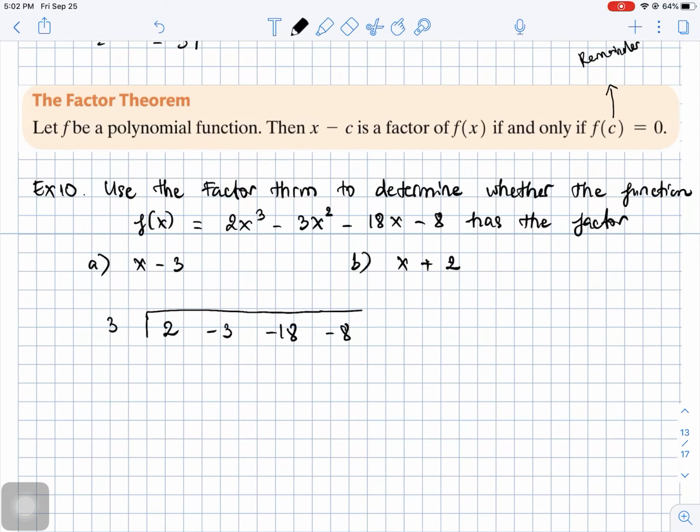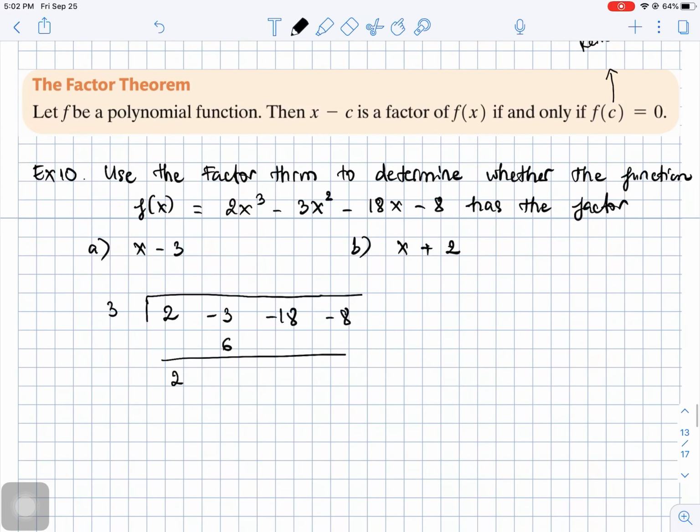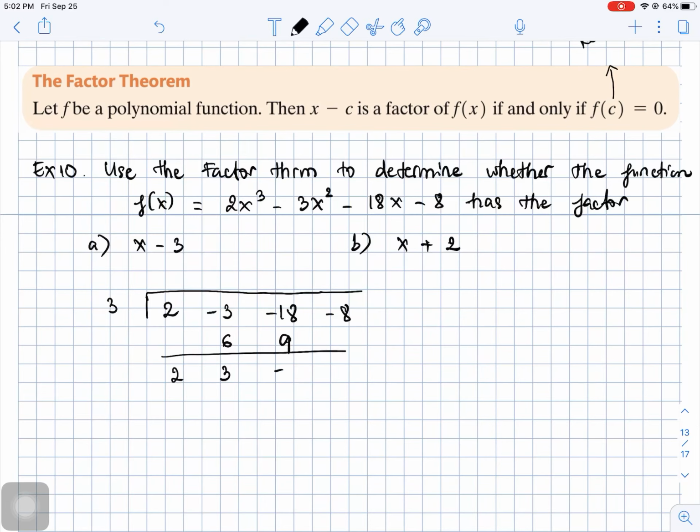In this case, we will use synthetic division. 2, negative 3, negative 18, and negative 8. I will divide by 3 because x minus c is the form. When you see x minus 3 and x plus 2, they're both in the form of x minus c. We bring the 2 down, and then 3 times 2 is 6. We put it in the middle. We add them up and get 3. And then 3 times 3 is 9.